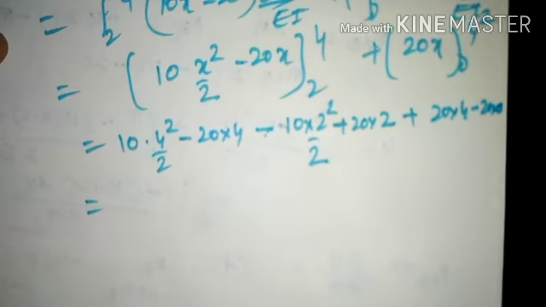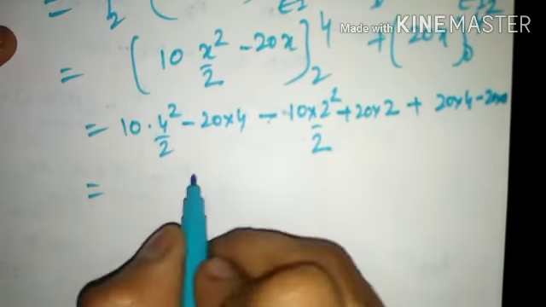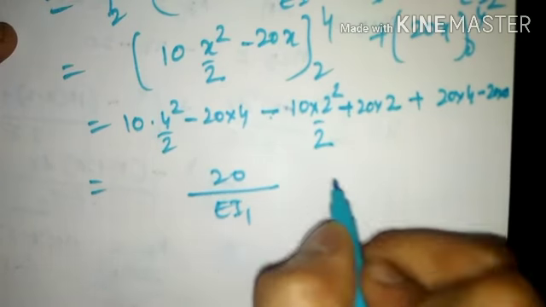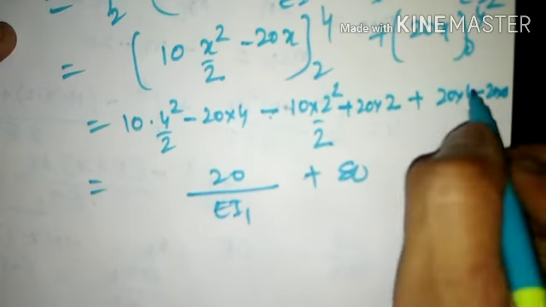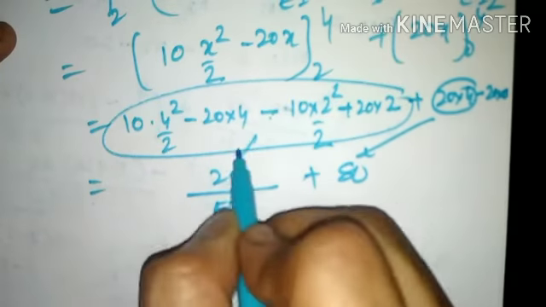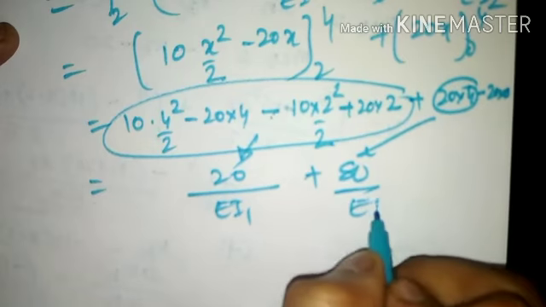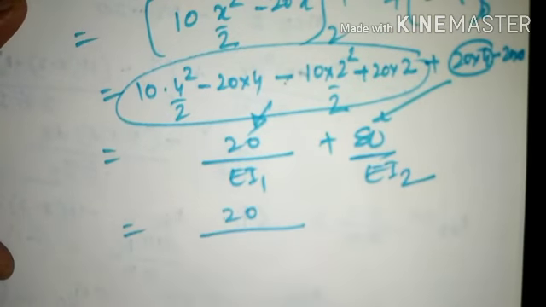So on substituting this whole term and getting this particular value, the first term shall come as 20 divided by EI1. Then the second term shall come as 80, that is 20 into 4, divided by EI2. So substitute these values of E and I1.